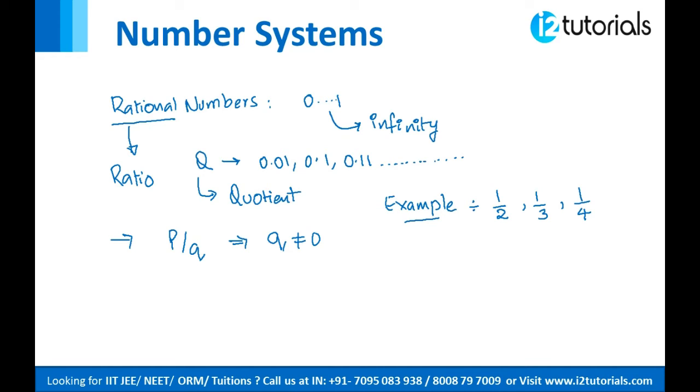But as I told you, it is in the form of P by Q, and the denominator Q should never be equal to 0. This is a very important thing to keep in mind. I will explain in another video why a number divided by 0 should not be defined.